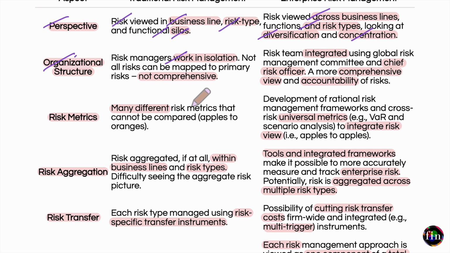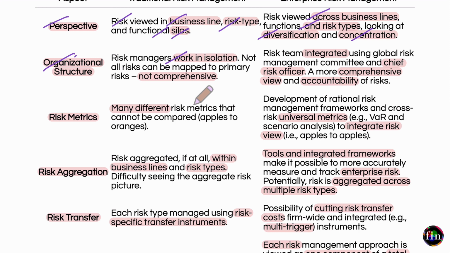To make sure that these risk managers kind of manage all risks which the firm faces, the other risks which I have not mentioned, I mean risks apart from market, credit, and operational, they are in some way mapped to these primary risks. But please note that many a times this mapping does not work.